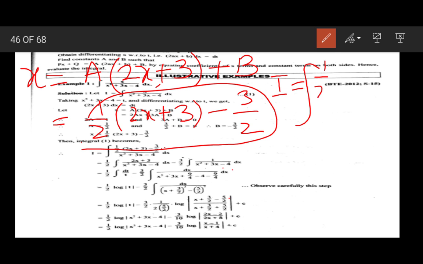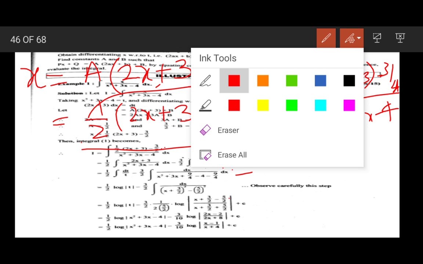So I will write 1 upon 2 into (2x plus 3) minus 3 upon 2, upon the denominator x square plus 3x minus 4 dx. Now that is equal to, now I am going to split this numerator. So I will write this as you can see here, see this step.